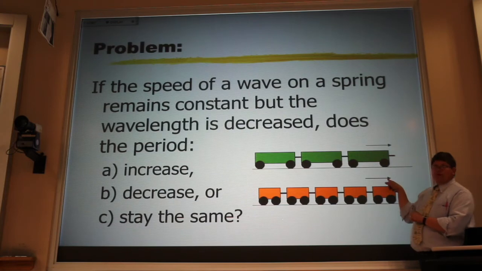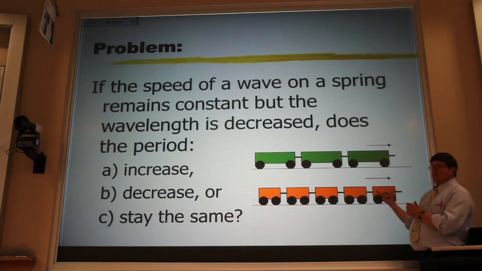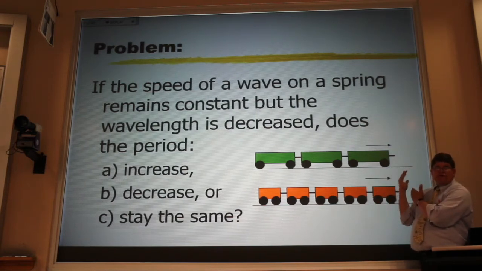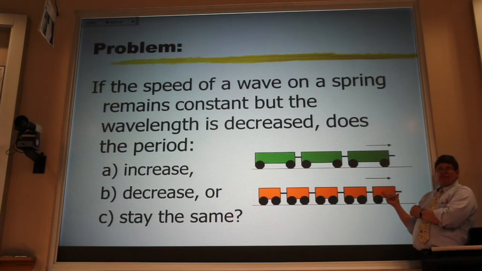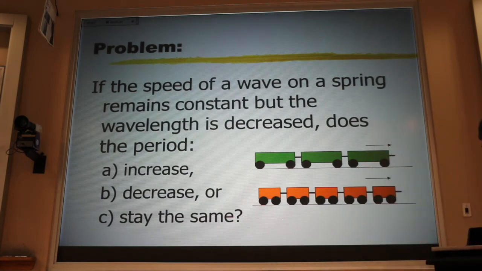If you're standing between these two trains as they go past you, the period is how long it takes for one boxcar to go past you. And if these boxcars are shorter, and both trains are going the same speed, these will get past you quicker. So that means the period is going to decrease. It's going to decrease, and the answer is B.